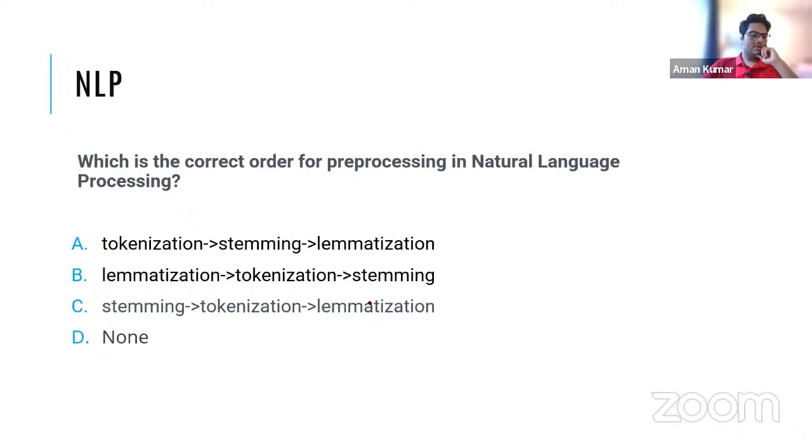No, I don't think so. Someone is saying C. First, you will do stemming, then you will tokenize, and then you will do lemmatization. I don't think so. First, you will do tokenization, then stemming, then lemmatization. First, you will do lemmatization, then tokenization, then stemming. What is correct? Or none?